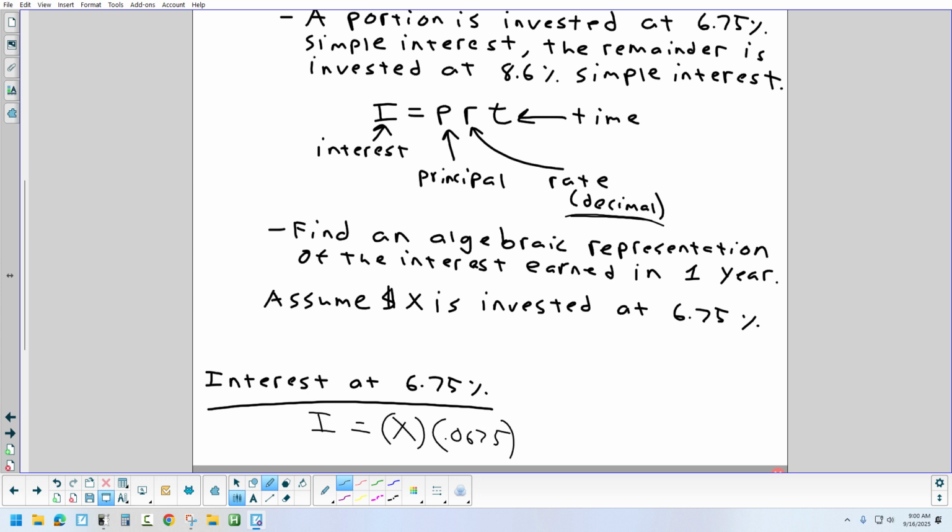And how long is the money going to be in the investment for? It's going to be 1 year. So in this case, we really don't need to put times 1, but I'm just showing you that's where it would go if it wasn't a 1.